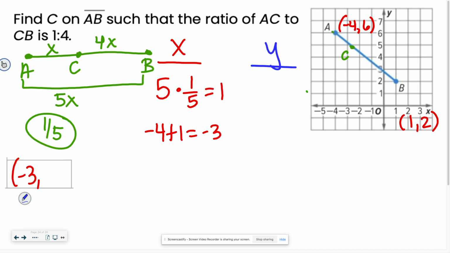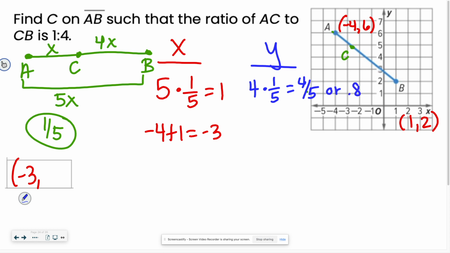Okay. Now how far away are our y coordinates? Distance is never going to be negative, so just take the positive. You get 4. So 4 and 5. 4 times 1/5 is 4 over 5, or 0.8 if that's what you guys want to use.